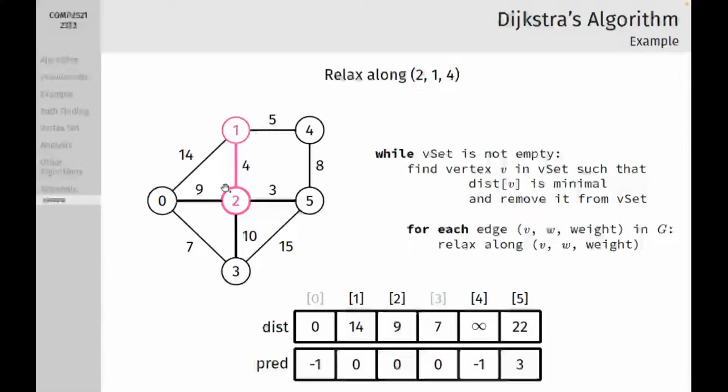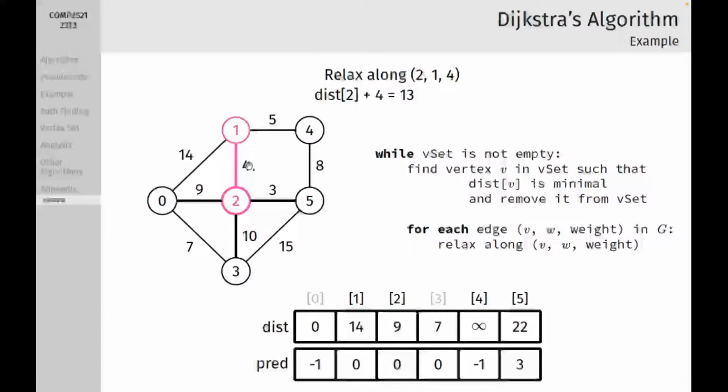If we relax along 2 to 1, what is the distance going to be from 0 to 1? It's going to be 9 from the distance array. Remember, 9 is the shortest distance from 0 to 2. So we take 9 and add the weight of this edge, which is 4, and that gives us 13.